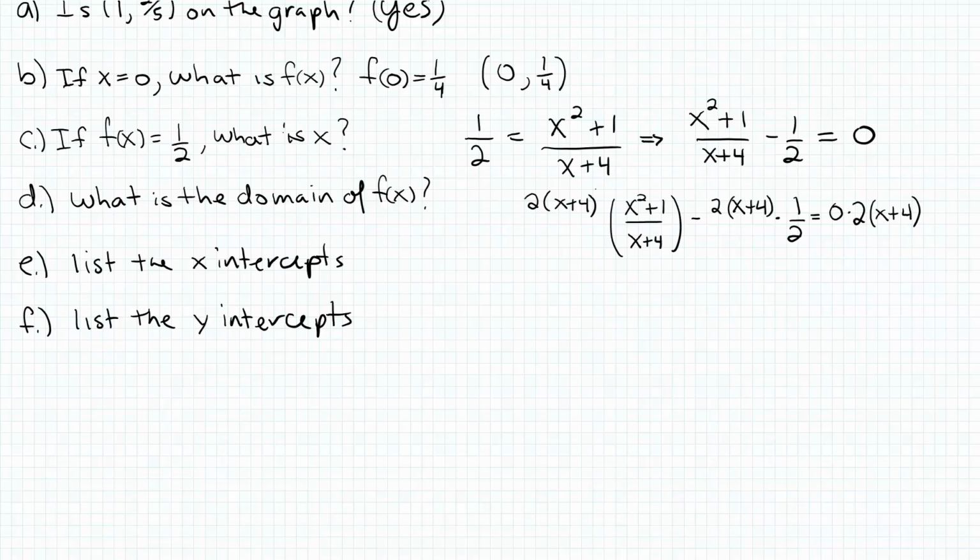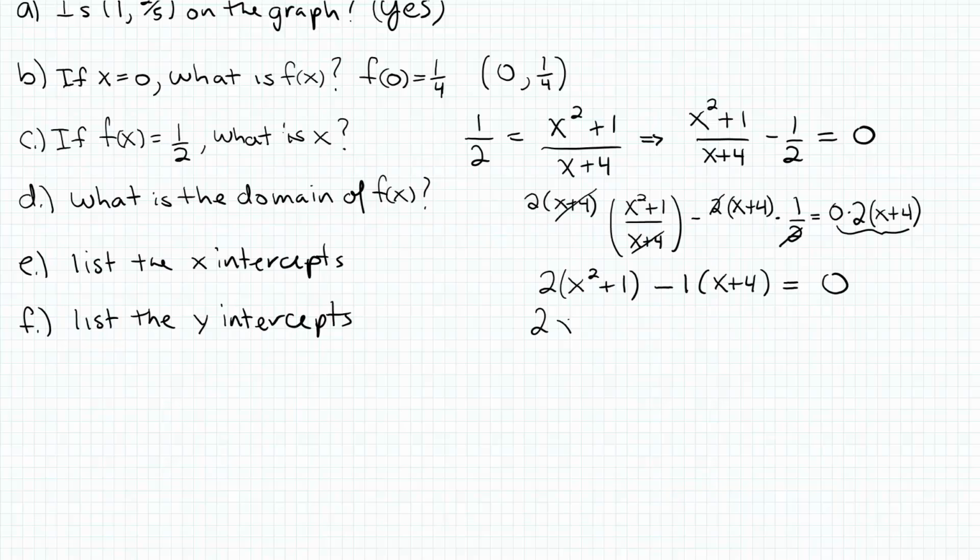Okay, so now when we do the multiplication, the x plus 4s will cancel out here, giving you just 2 times x squared plus 1, minus here the 2s will cancel out, giving you basically negative 1 times x plus 4. And that's equal to 0, since 0 times anything is just 0.